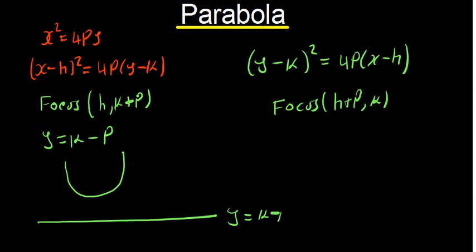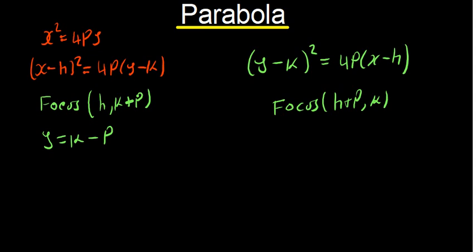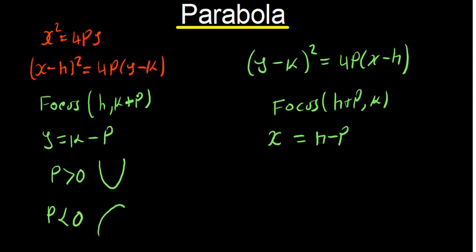That means the equation for the directrix for this part, we are going to indicate using x because it's going to cut the x-axis, which is going to be x equals h minus p. Remember for this one, if your p is greater than 0, it opens upwards like that. If your p is less than 0, it opens downwards.